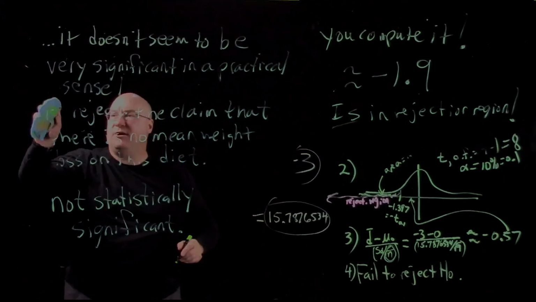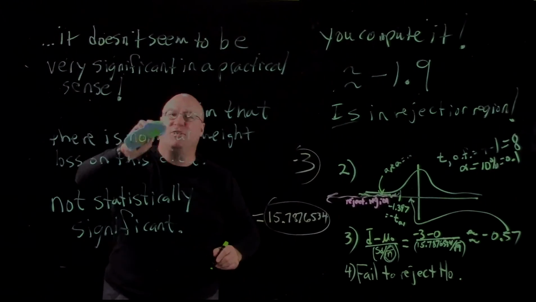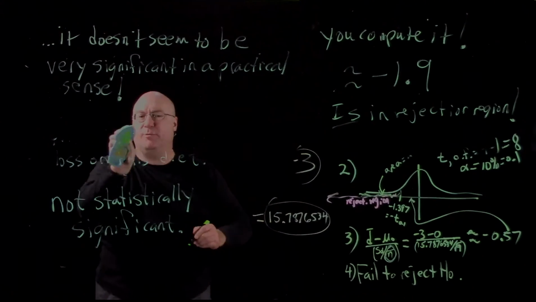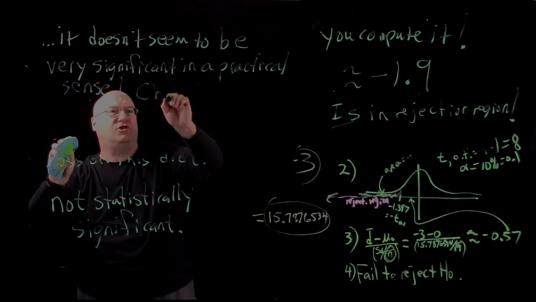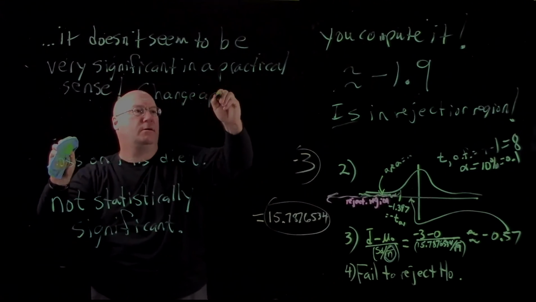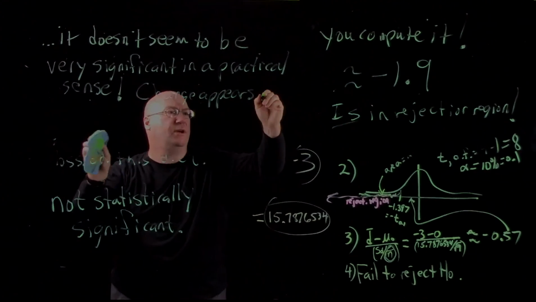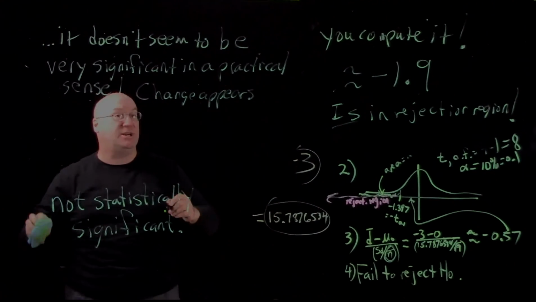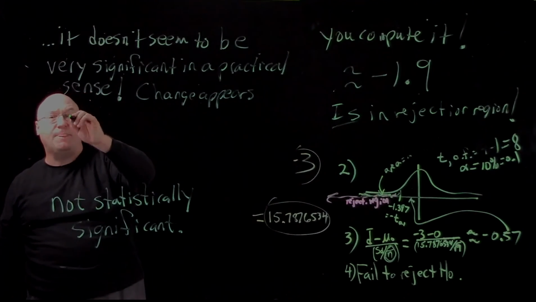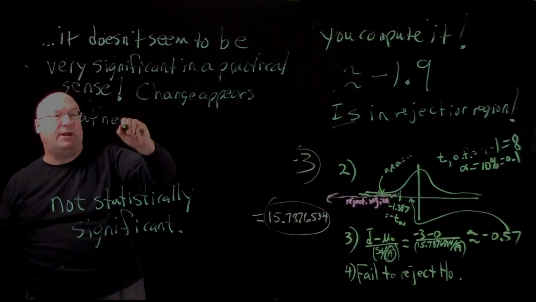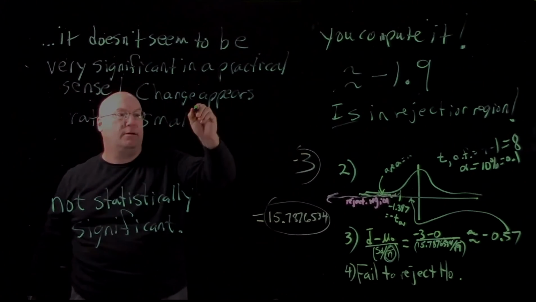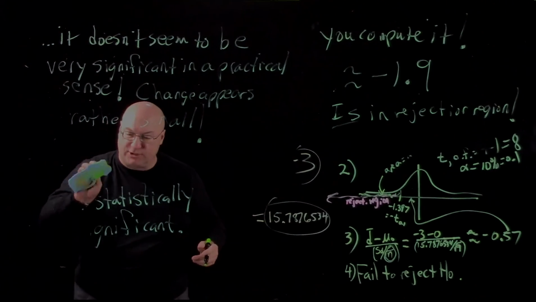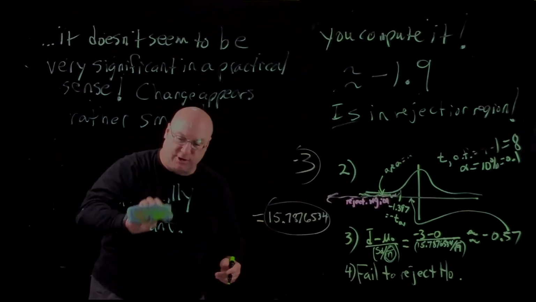The change, though statistically significant, is rather small, or appears to be small, I should say. The change appears large enough that we have statistical significance, but too small maybe to care about. Okay, so there's evidence here that the diet works, but the evidence is that it doesn't really work very well.